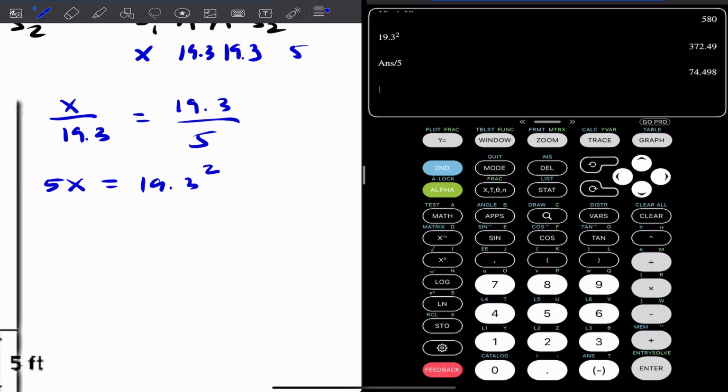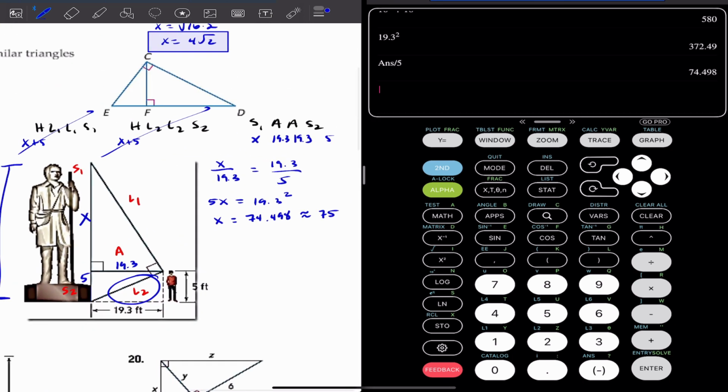That's going to give me 74.498. So x is 74.498, and to some of y'all that would be approximately 75, right?